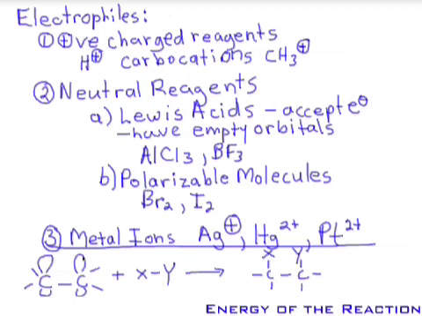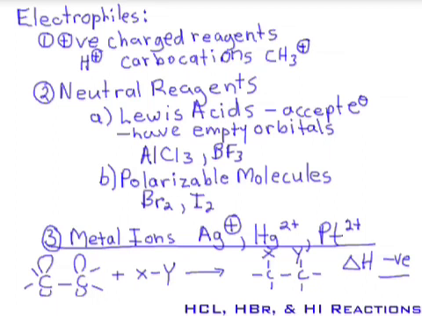But breaking a single sigma and one pi requires less energy to be put in than forming two sigmas. Notice on this side we form a C-X and a C-Y bond. So we're getting two sigmas. That will release energy. Two sigmas will release more energy than we have to put in to break a single sigma and a pi. And because of this, most of the time, these types of reactions are exothermic. Delta H is negative. So addition to alkenes produces more stable molecules and releases energy.